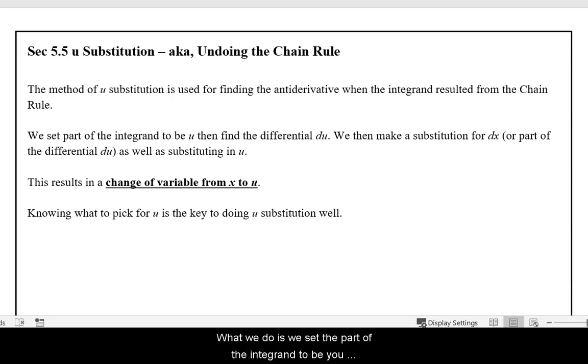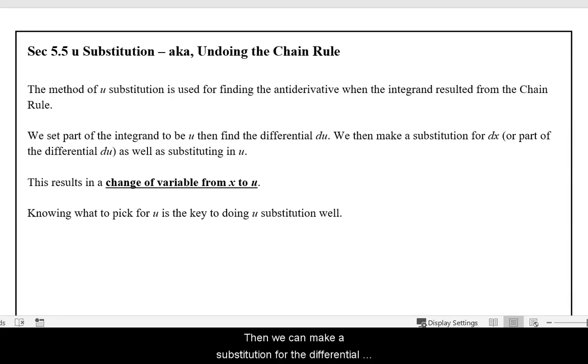What we do is we set part of the integrand to be u, and then we look for the differential du. Remember that if the independent variable is x, then the differential du is stripped of what would be in the denominator position, dx, where the dx is swung around to the opposite side of the equation.